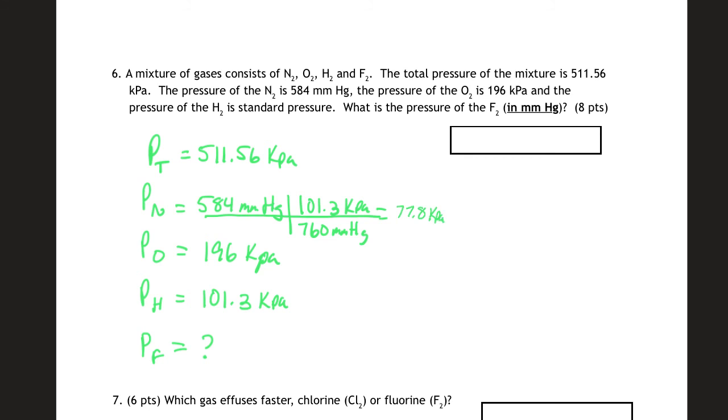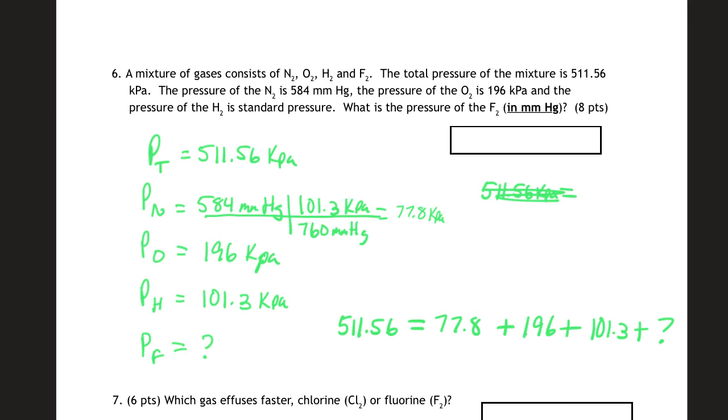Now I'm ready for my problem. My total pressure is 511.56 kPa, which is equal to, actually I'm going to write this a little bit lower, just so I have more room. 511.56 is my total pressure. 77.8 is the pressure of the nitrogen, plus 196 is the pressure of the oxygen, plus 101.3 is the pressure of the hydrogen, plus my unknown.